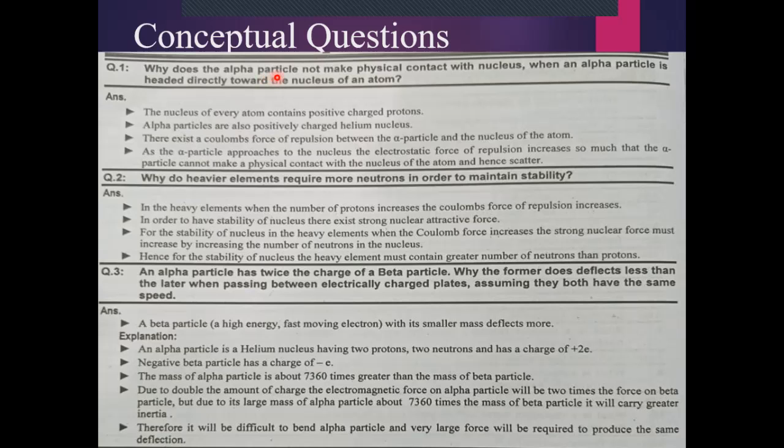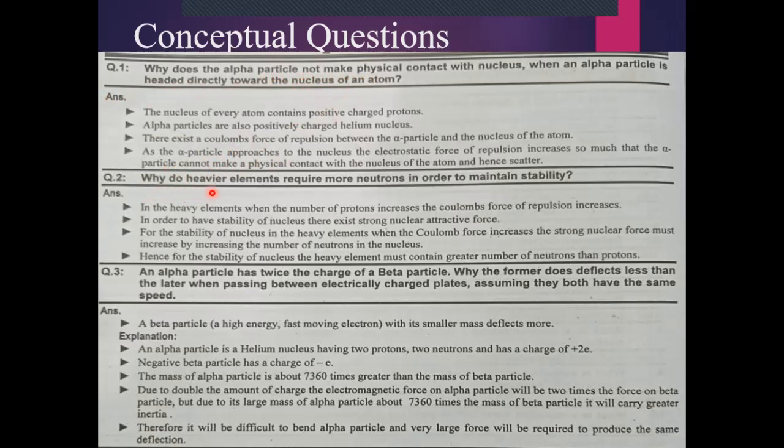So when alpha particles are bombarded on the nucleus, due to the mutual repulsion between these two, the alpha particle cannot directly head towards the nucleus. Because as the distance decreases, the force of repulsion increases.